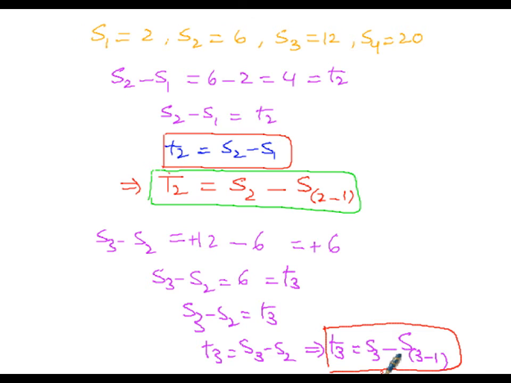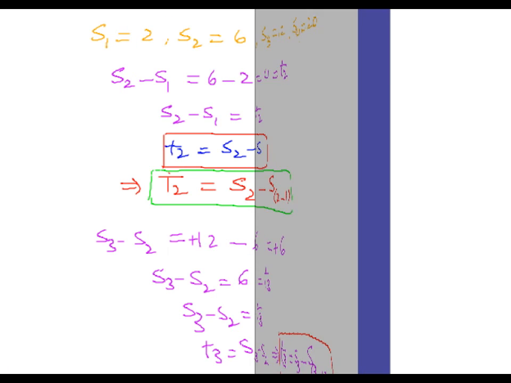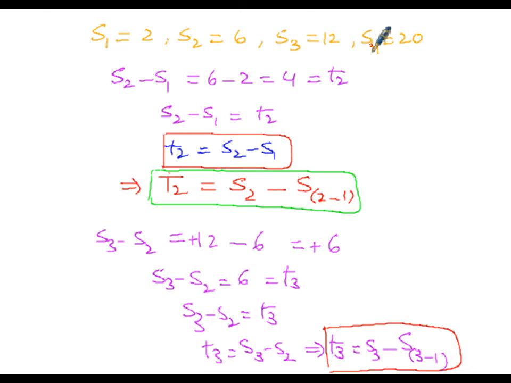Then we have chosen 2 and 3, now 3 and 4. From S4 we are going to subtract S3. As per the problem, S4 is 20 and S3 is 12.